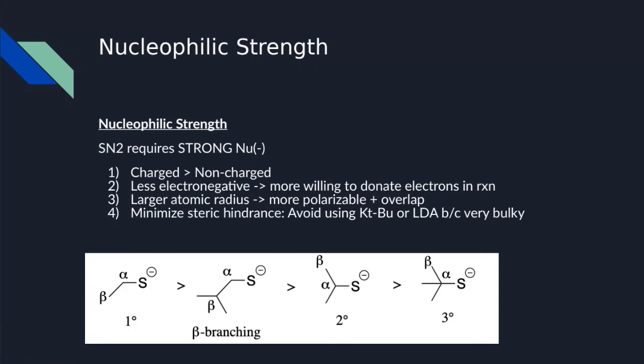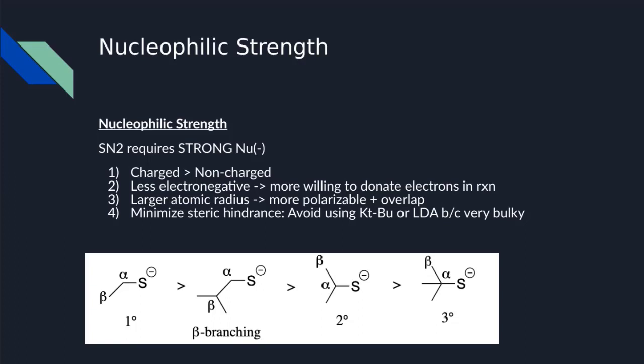Some factors to consider: having a charged molecule tends to be more preferred. A negatively charged molecule is typically a stronger nucleophile than something that is not charged, simply because we have actively got more electrons. We may even see a destabilizing effect because of that, which makes it more reactive.